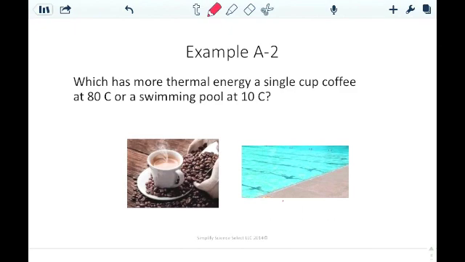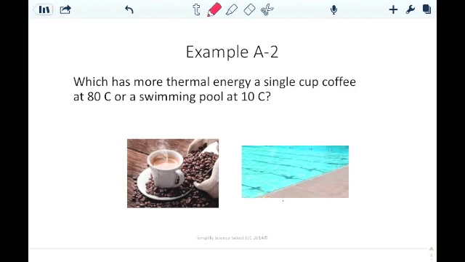Example A2 asks which has more thermal energy, a single cup of coffee at 80 degrees Celsius or a swimming pool at 10 degrees Celsius. What we should be thinking here is that thermal energy consists of both kinetic and potential energy.